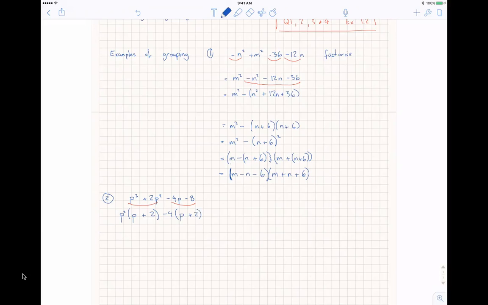Now when this happens, we've actually got a common factor for both the first term and the second term. This p plus 2 is in both of those terms, so we can take that out.